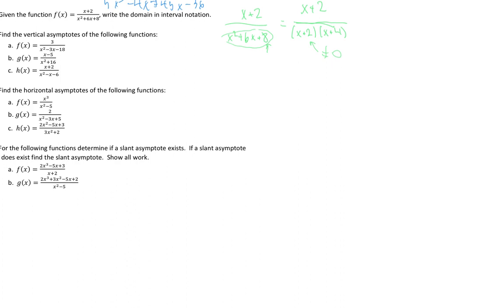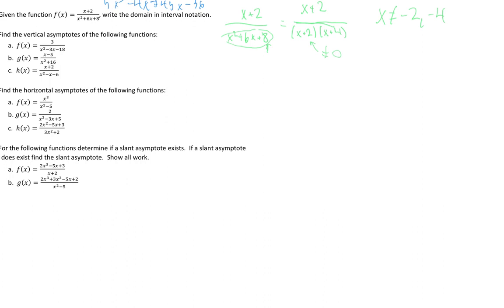So in the case that x is negative 2, we can't cancel these. So our restrictions are x cannot be negative 2 and minus 4. Even though I could cancel out, we're not allowed to do that in case it's negative 2, because then we'll be dividing by 0.